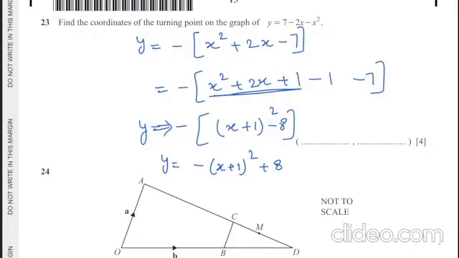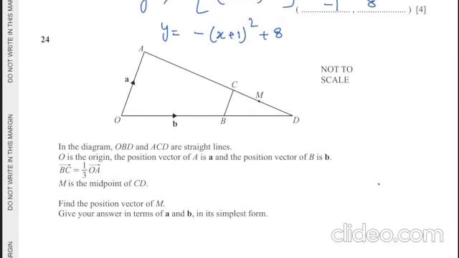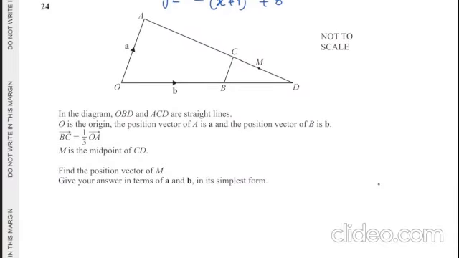Now comparing it with the normal equation, we will get the values of turning point as minus 1 and 8, because y equals x minus h the whole square plus k. So in this equation, h and k are our turning points. So minus 1 and 8 is the turning point in this question. Moving to the next question, 24th.